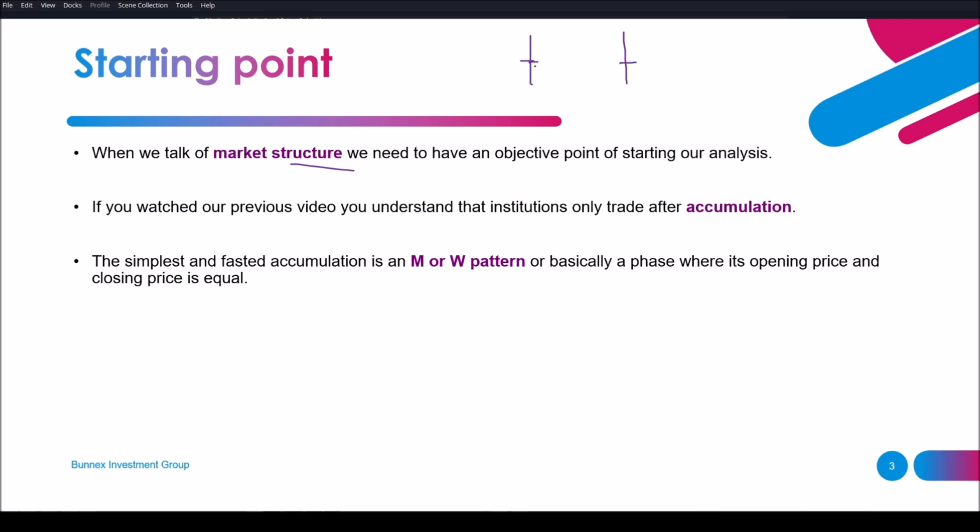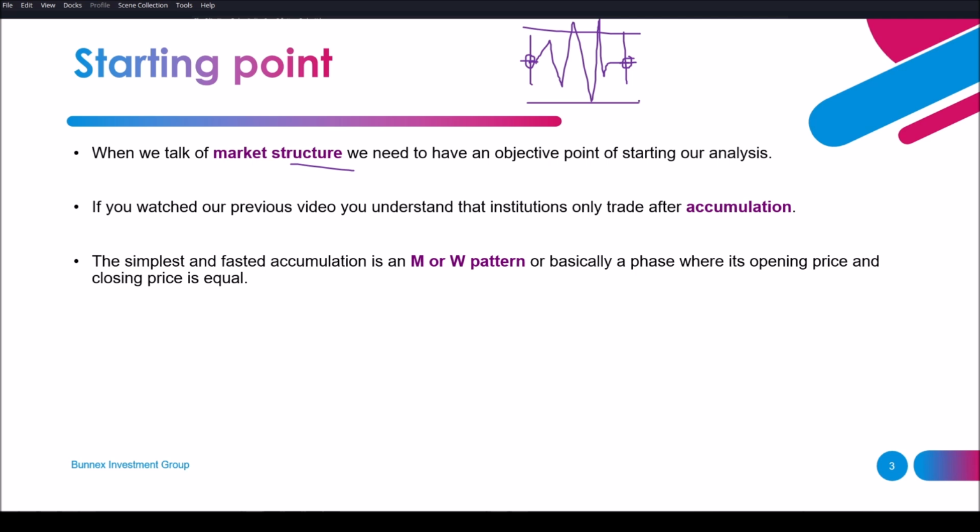If the opening price of a day is equal to the closing price of a day, whatever happened within this middle part is not necessary. What is necessary is the opening price and the closing price, and therefore we would have obtained what we call accumulation. And we are saying institutions will only trade after this has happened.